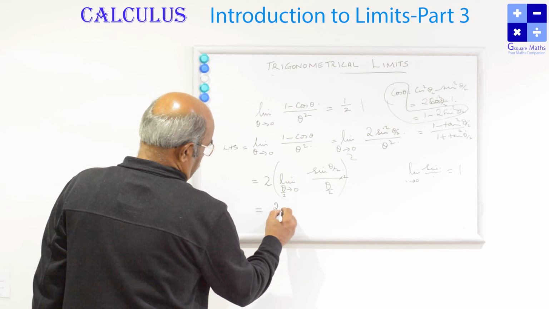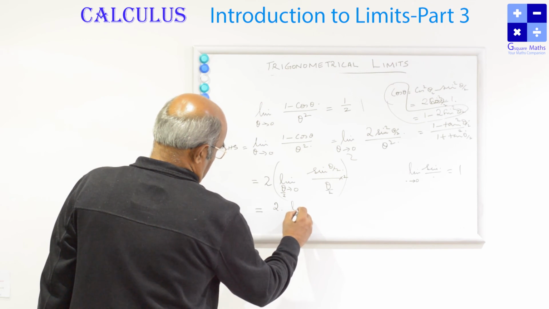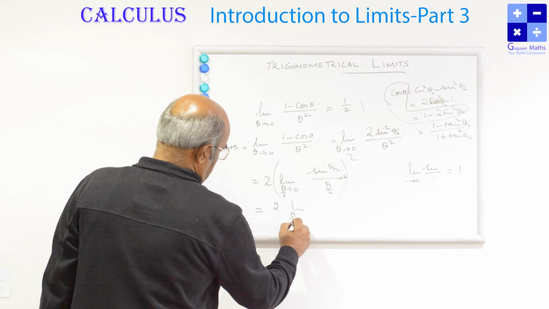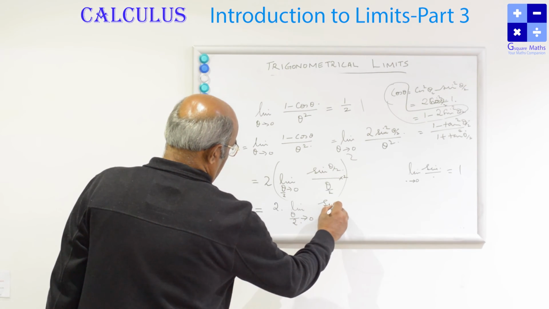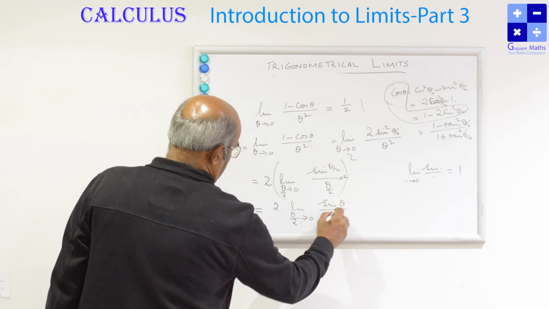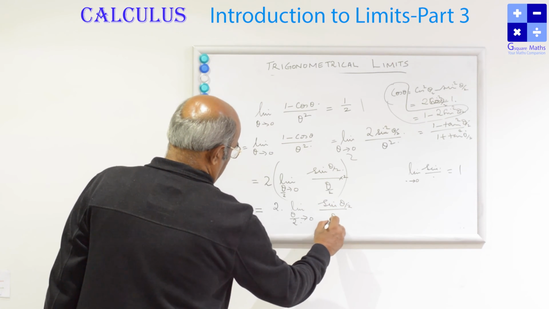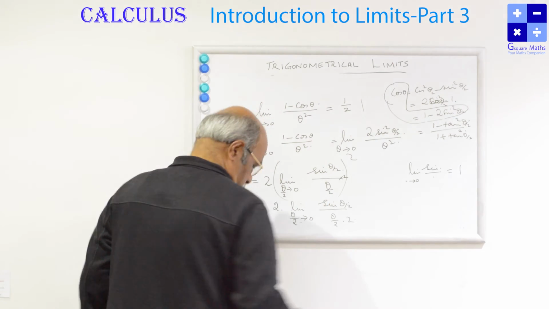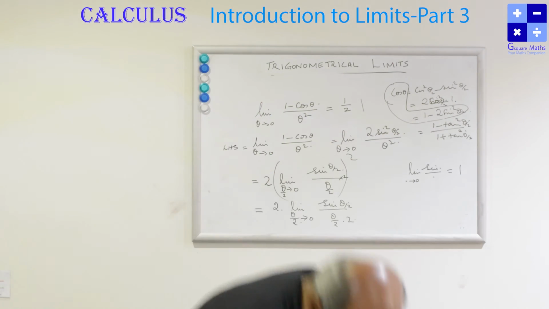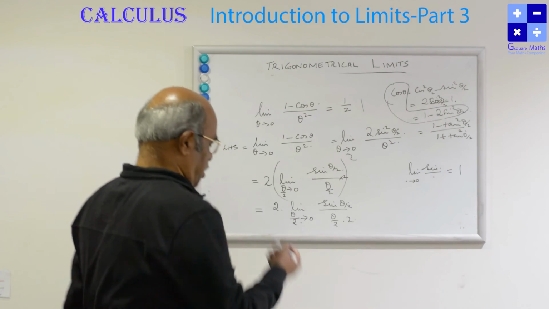So, 2 into limit theta by 2 tends to 0, sin theta by 2 over theta by 2 into 2, whole square of it.